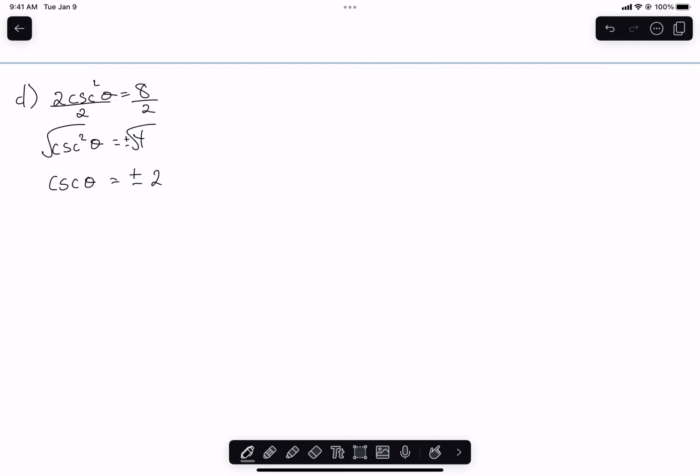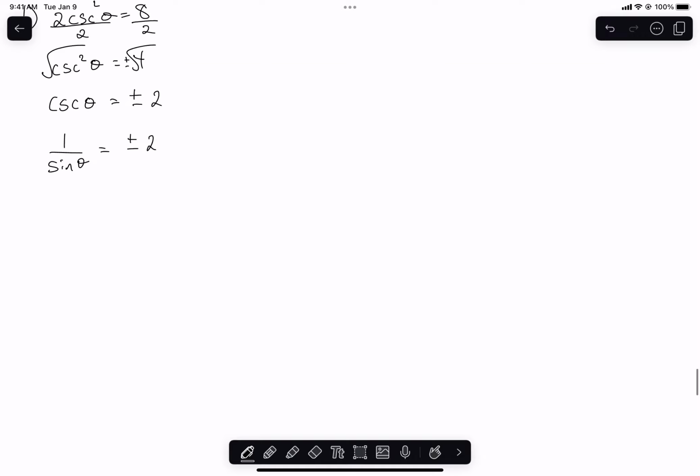Okay, and then from here, the cosecant corresponds with sine, so I should get 1 over sine theta has to equal plus minus 2. And when I go and solve for sine theta, I should see that 1 over plus minus 2 has to equal sine theta.